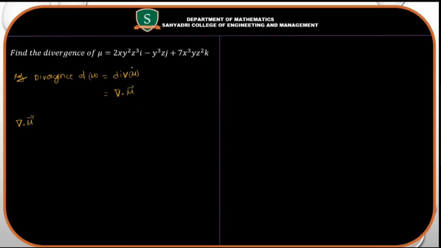Where mu is a vector quantity, so you have to write an arrow mark for this. So del dot mu is equal to dou by dou x i plus dou by dou y j plus dou by dou z k, dot 2x y square z cube i minus y cube z j plus 7x cube y z square k.